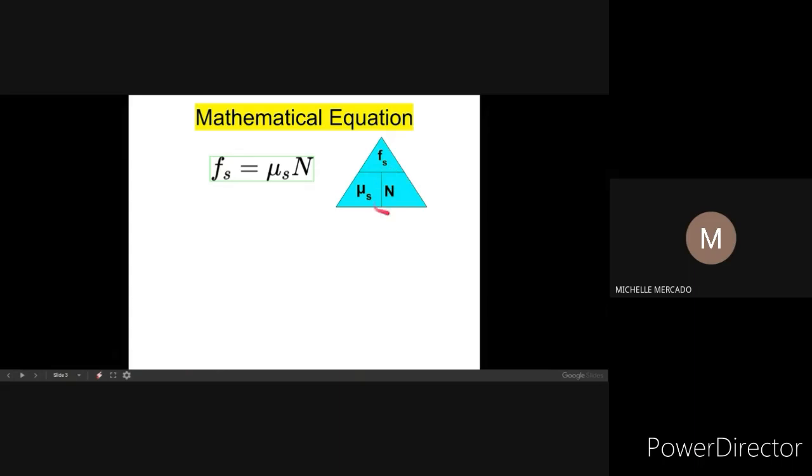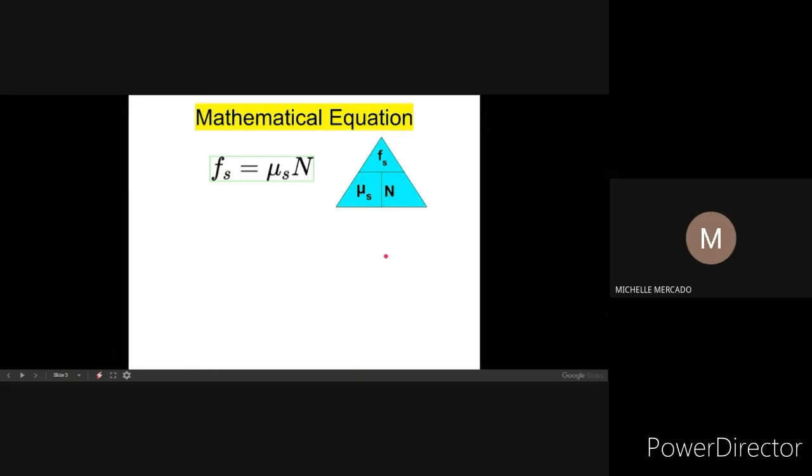Then, to find the normal force, the formula is static friction divided by the coefficient of static friction. And to find the static friction, we multiply the coefficient of static friction by the normal force.